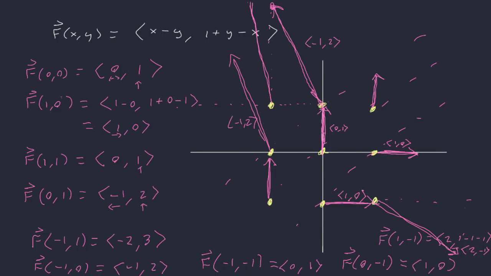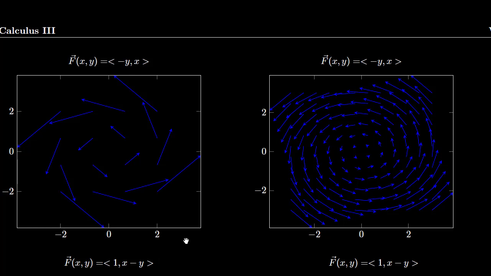So let me show you some vector fields through graphing software. All right, so here's some I've put together ahead of time. Here's the vector field negative y, x, and these are the same graph except I use more grid points in this one on the right than I did here on the left, and on this one on the right I actually scaled the length of all the vectors down, and that tends to be what we end up doing so that we can get a look at what they're doing versus eventually these would all be off the whole graph.